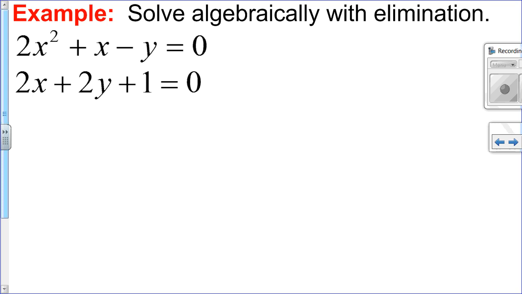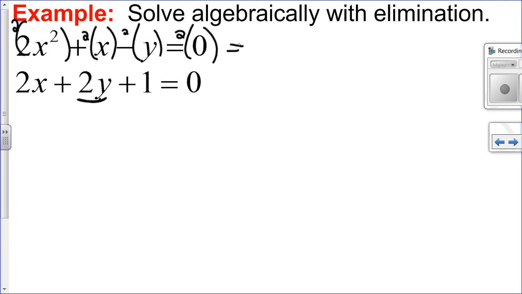So let's try this one here. I have a linear quadratic system, which I'm going to solve by elimination. Remember, it's all about y. Since I have 2y here and only y there, I'm going to make them the same by multiplying each part of this equation by 2, and I'll write out the new system. So I'm going to have 2 times 2x squared, 2 times x, subtract 2 times y equals 2 times 0.